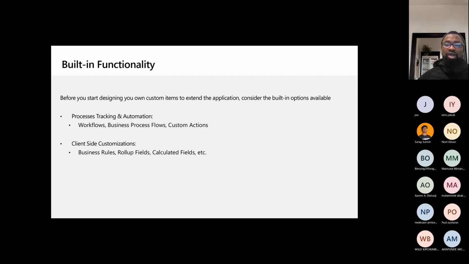When I talk about process tracking and automation, these are workflows, business process flows, and custom actions, for example. So these are inbuilt functionalities that we can use to customize the application, right?